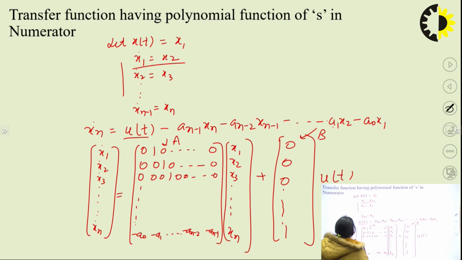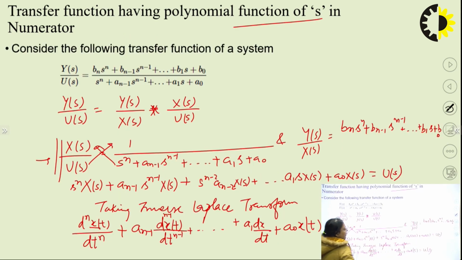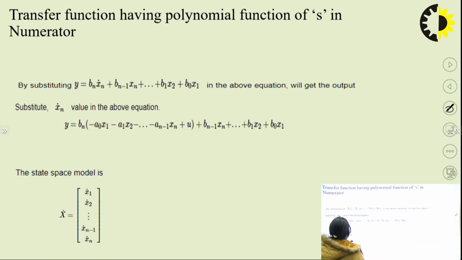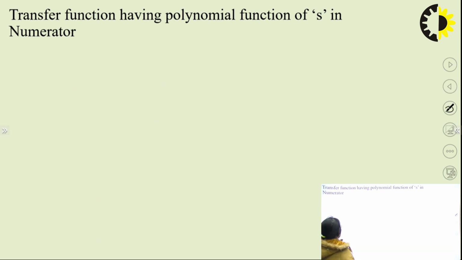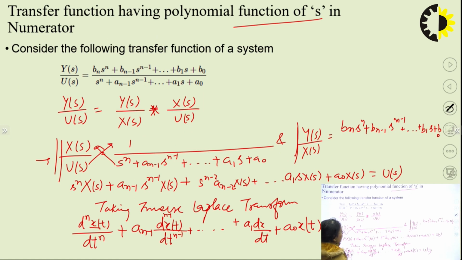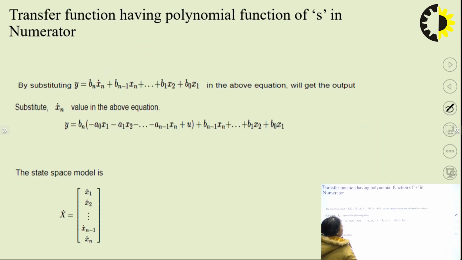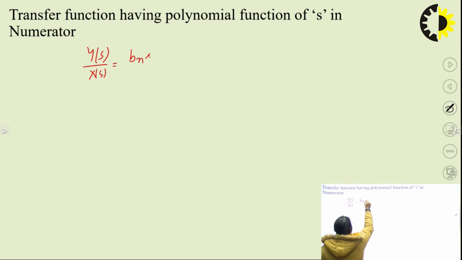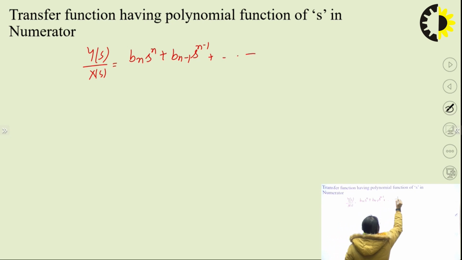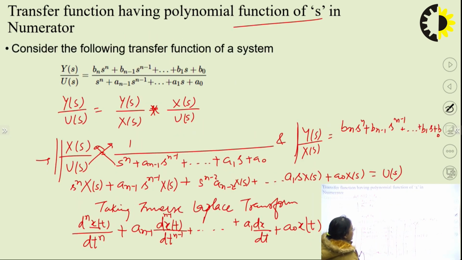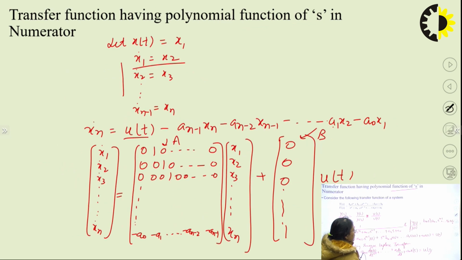Now solving the other part to get the output equation, that is Ys upon Xs will be equal to, okay, here I have already written, so let me use it. Ys upon Xs will be equal to b_n into s^n plus b_(n-k1) into s^(n-k1) up to so on, and the last term is b1 into s and b naught.